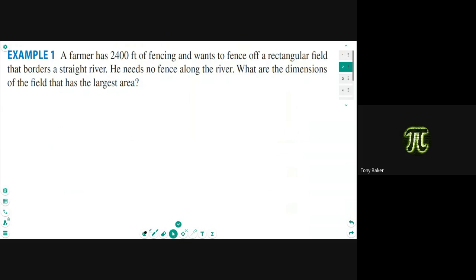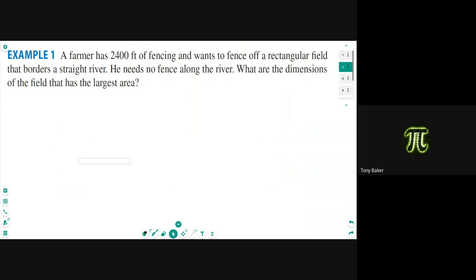How are you going to set it up? So what's the first thing you might want to do with this problem? Yeah, let's draw a picture.